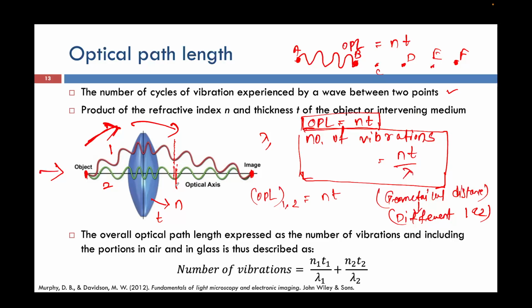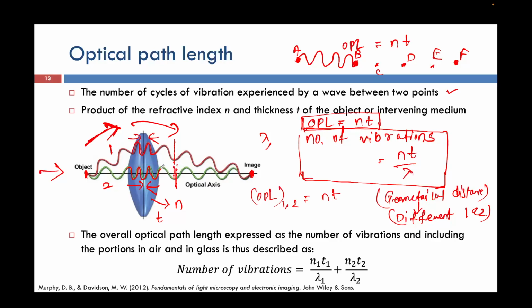So for wave number 2, the green one, the number of vibrations is more inside here, and for the other the number of vibrations is less. Here if you say 1, 2, that's all. Here 1, 2, 3, right?